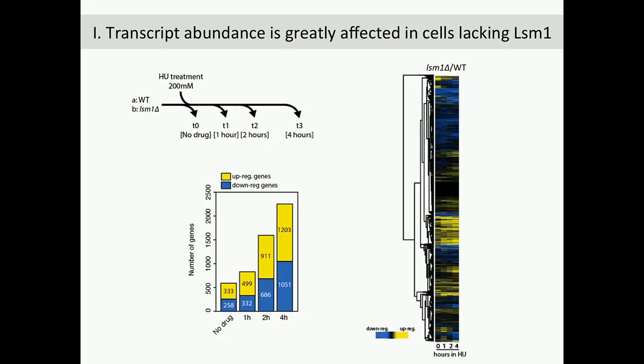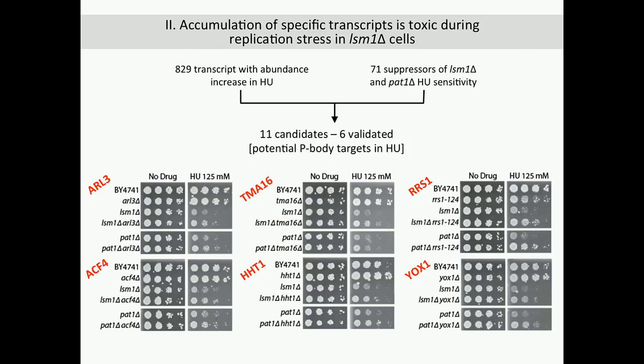These genes are shown here in yellow on the heat map, and we were also surprised to find genes to be downregulated in LSM1 delta. So this was already described in other mRNA degradation mutants, and I'm going to come back to this in a minute.